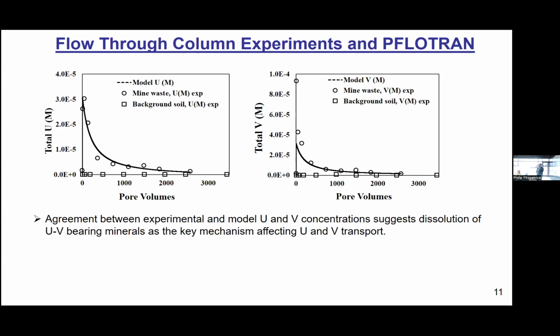But all I can tell you is that we did some column experiments where we packed the materials with mine waste from the community of Lukachukai in the Claim 28 site.